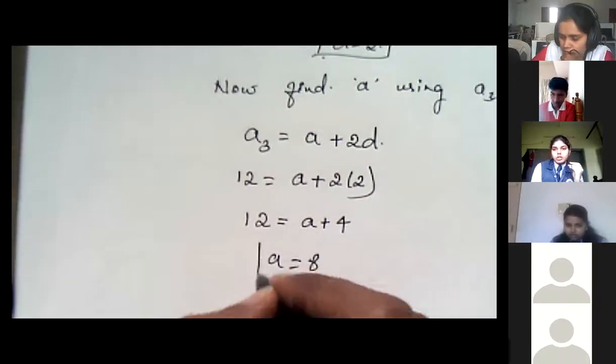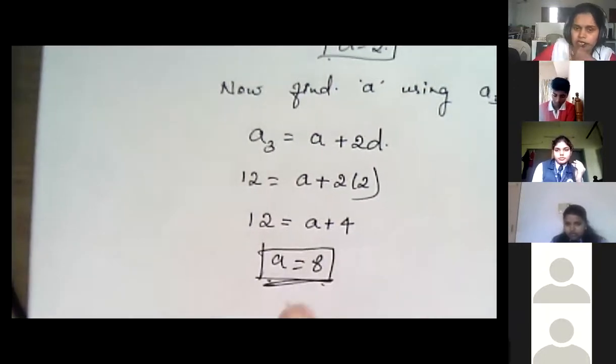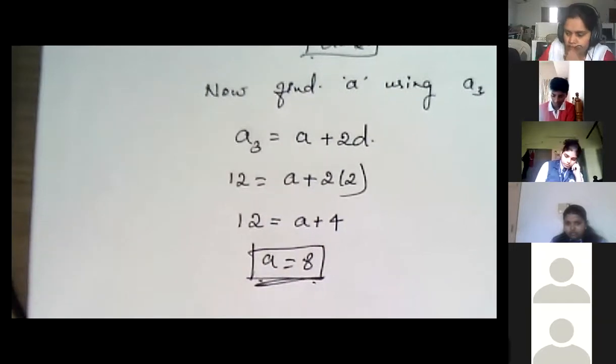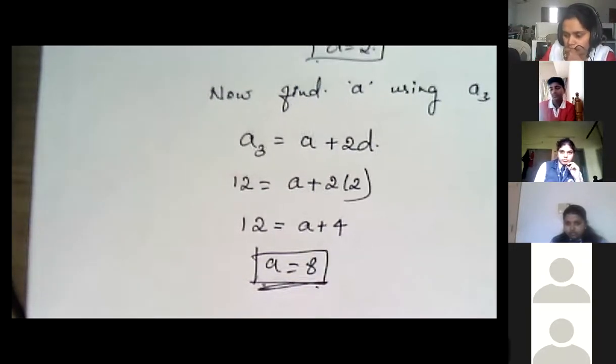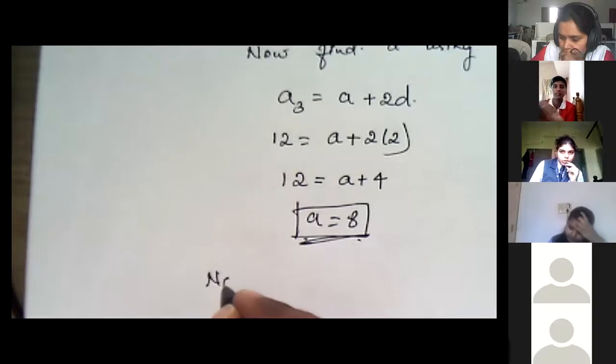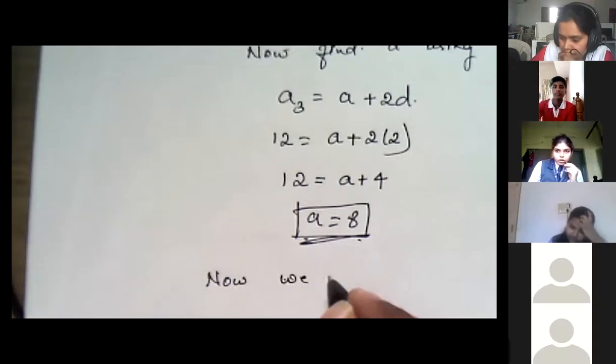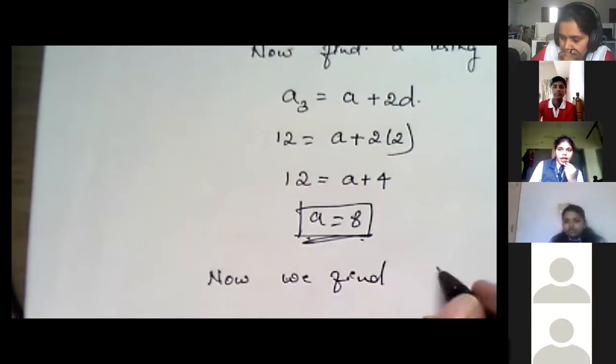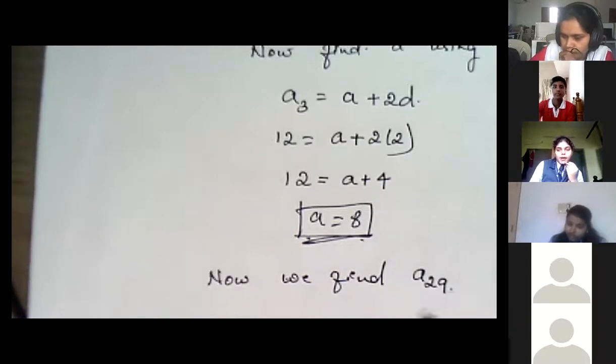Once we get A and D, we can easily find out whichever number we want. How to find A29 now? A29 is equal to A plus 28D.